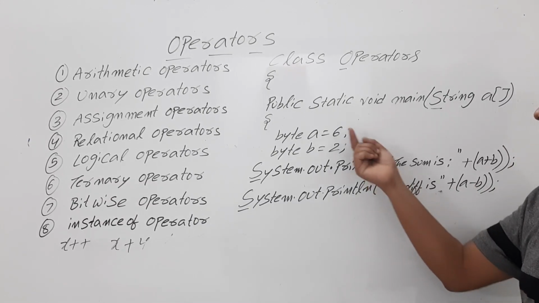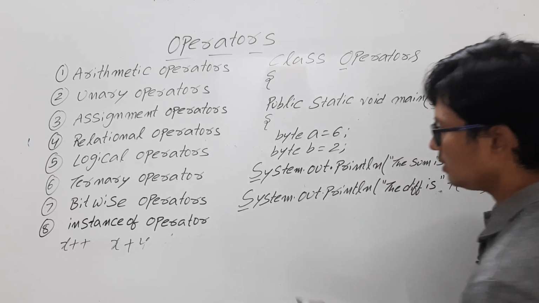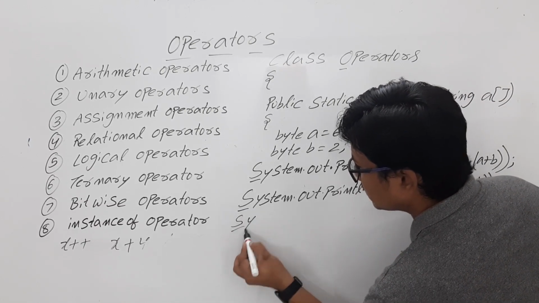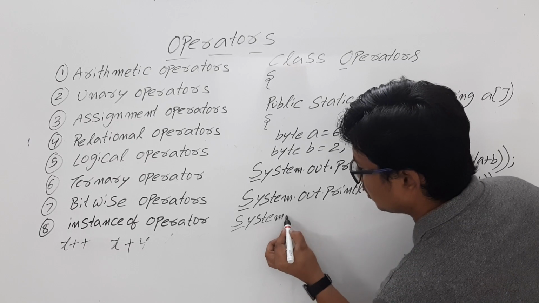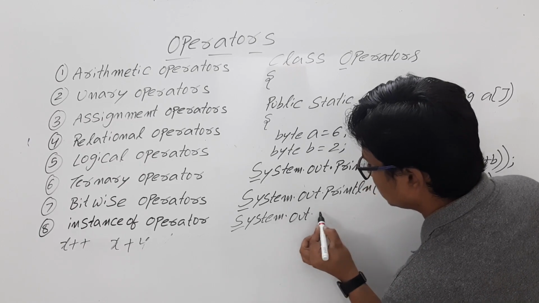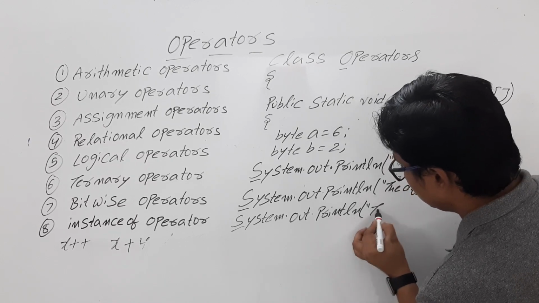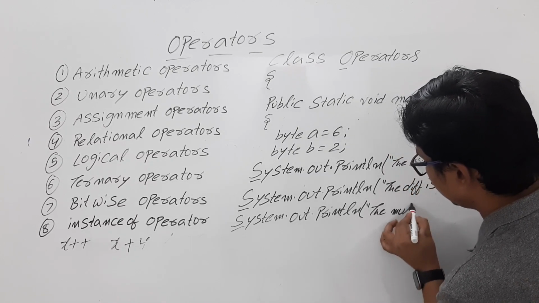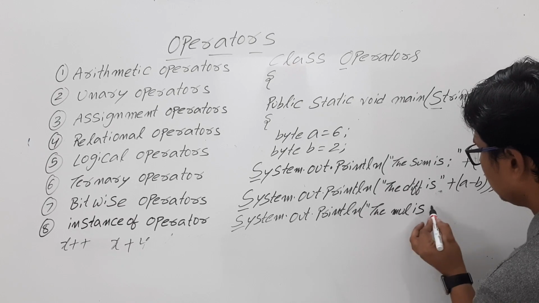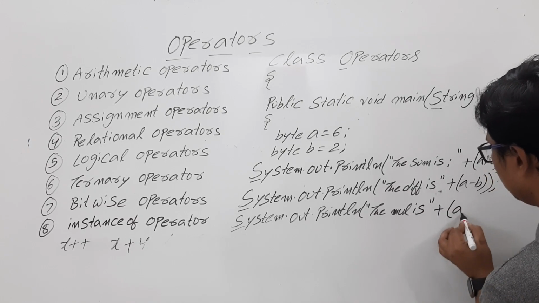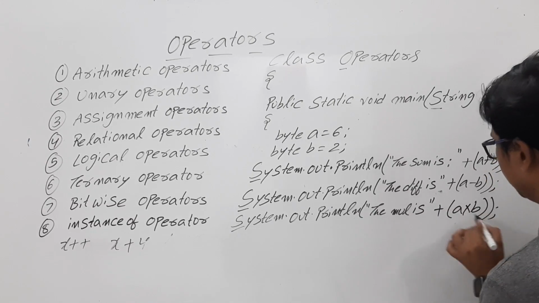This will give you the difference as 4. Similarly, if you want to perform the multiplication, you can write System.out.println, "The multiplication is", let me write it as mul, then a into b.